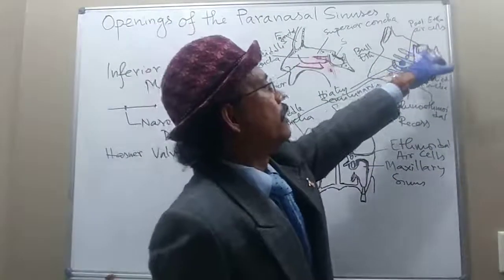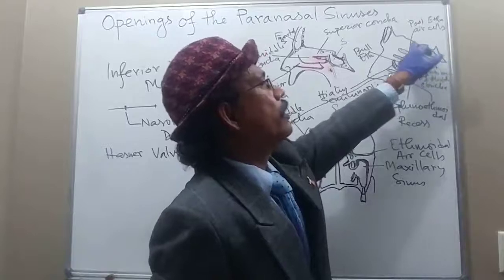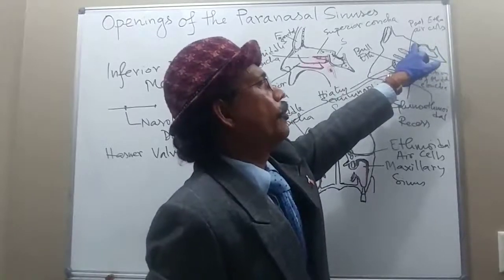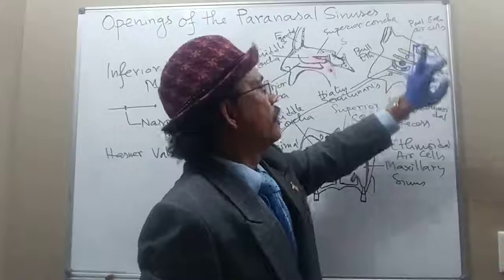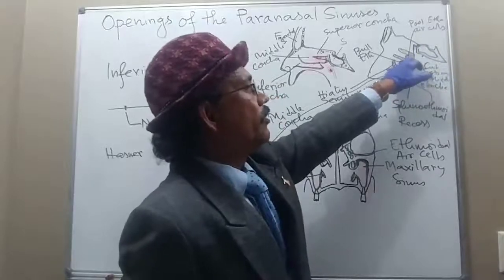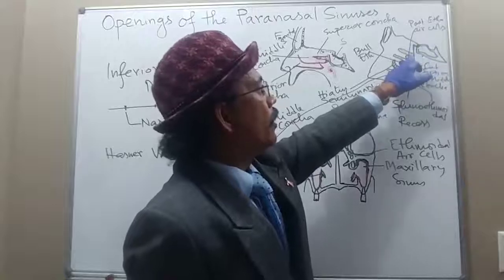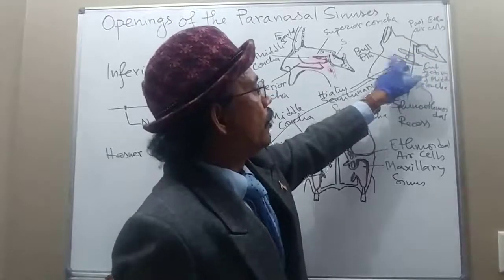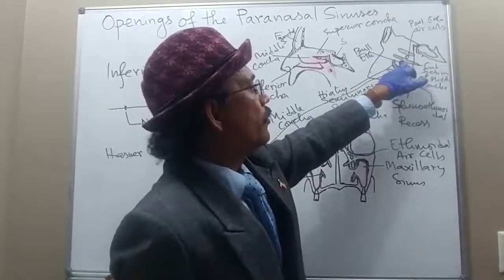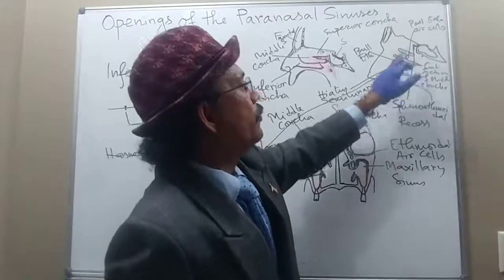Again, the sphenoidal sinus opens into the sphenoethmoidal recess, not in the meatuses. The posterior ethmoidal air cell opens into the superior meatus of the nose. The middle group of ethmoidal air cells opens into the Bulla Ethmoidalis.